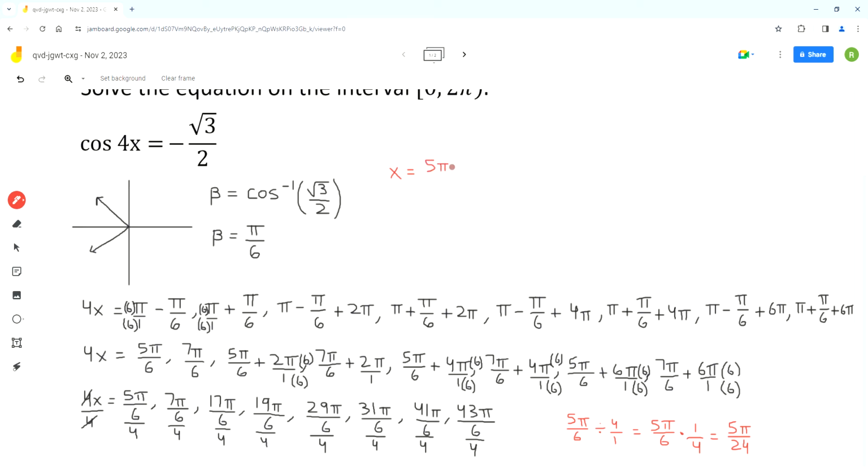So similarly, we'll have to repeat this step for all other values. So the next one will be 7 pi over 24. The third one will be 17 pi over 24. Then 19 pi over 24.